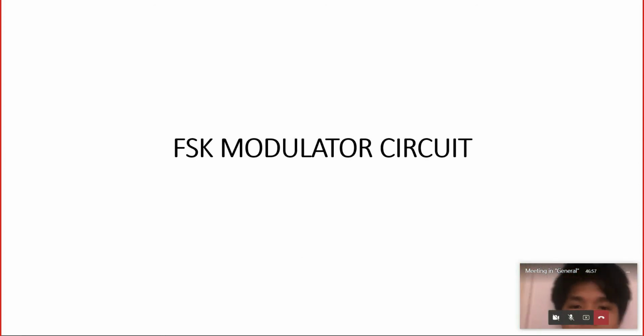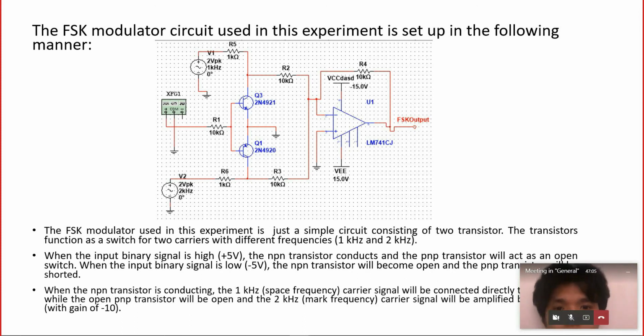Good day, I'm Kirby De Guzman and I will report the FSK modulator circuit. The FSK modulator circuit used in this experiment is set up in the following manner. Ayan po yung circuit ng FSK modulator circuit.